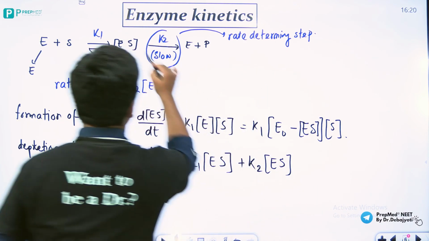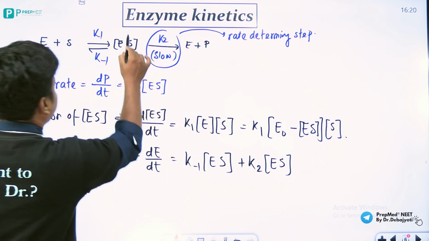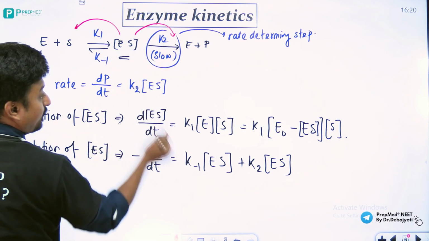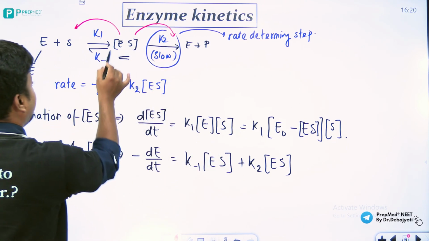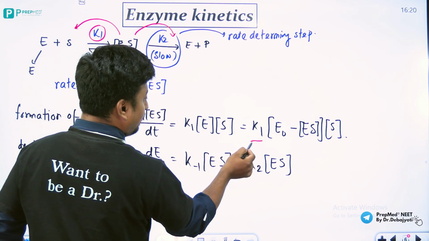Remember one thing, it is going from here also and here also, so both will be involved. But it is forming only from K1.